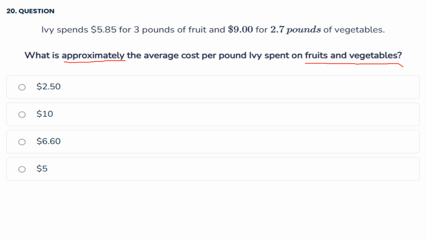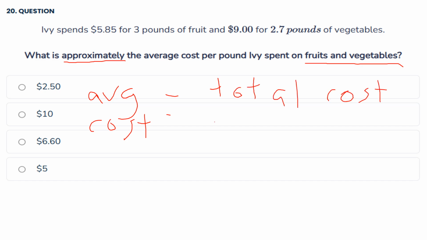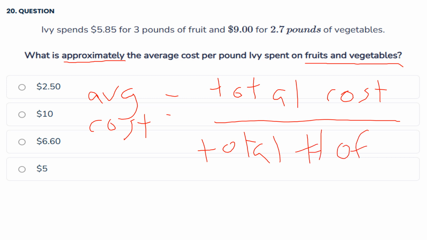So the equation we're going to use is average cost is equal to the total cost divided by total number of pounds. And I'm just abbreviating pounds. So that's the equation we're going to use to figure out what the average cost is.